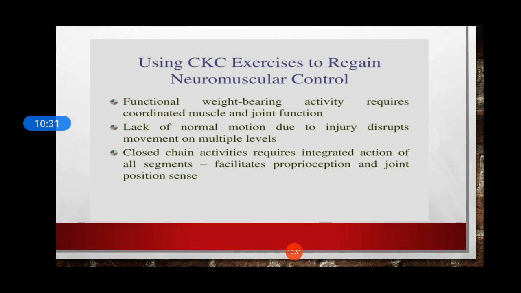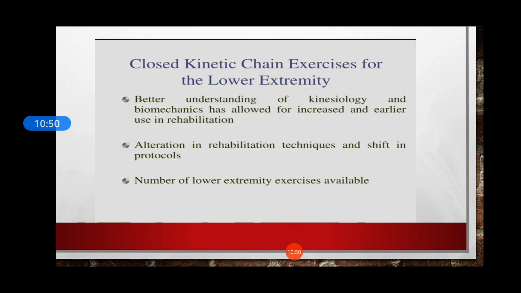Using closed kinetic chain exercises to regain neuromuscular control is very important nowadays because lack of normal motion due to injury disrupts movement at multiple levels. Closed kinetic chain activities require integrated action of all segments, which thereby facilitates proprioceptors and joint position sense.